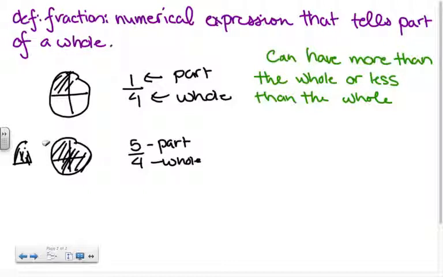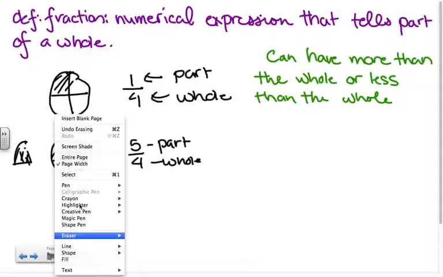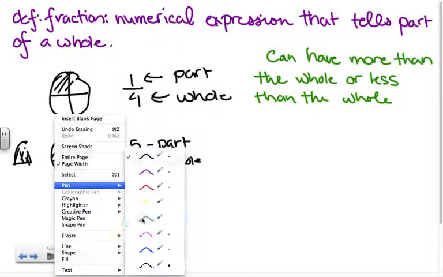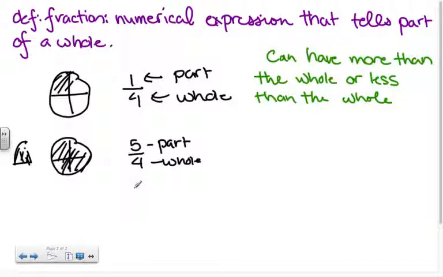So a good way to look at fractions when the top is bigger than the bottom is that you have more than necessary. I only need 4, but I have 5, so I have more than necessary, like extra.